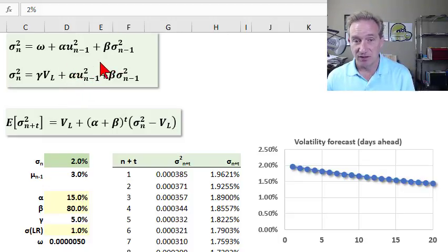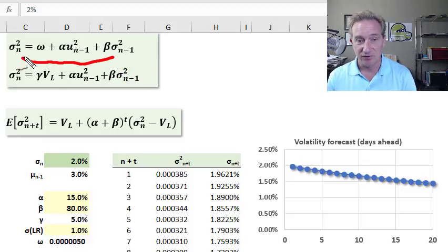And finally, the third component that contributes to the estimate under GARCH 1-1 is beta, which is a weight assigned to yesterday's variance, sigma squared sub N-1, and we can here see very clearly the recursive nature of the GARCH 1-1. The estimate for today's variance is a function of yesterday's variance, or the most recent or the lagged variance, and however much weight we are assigning to it, where beta is the weight.